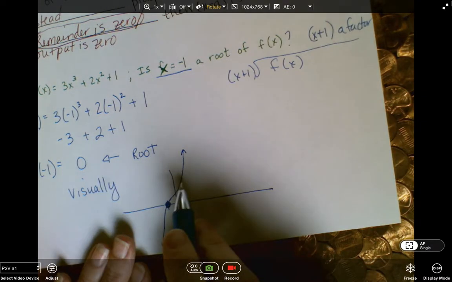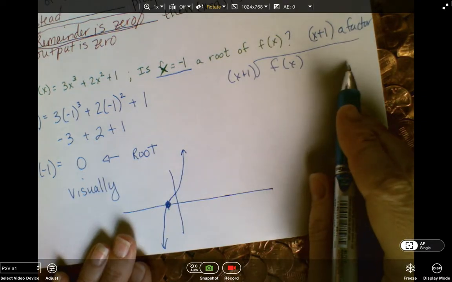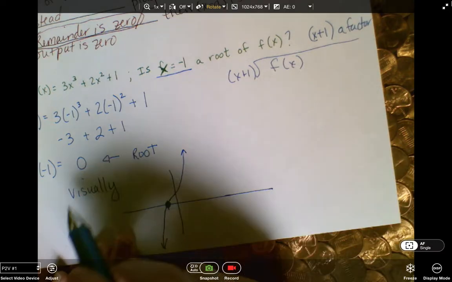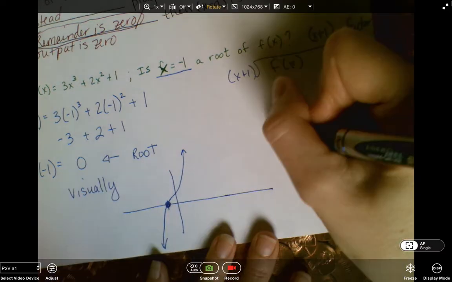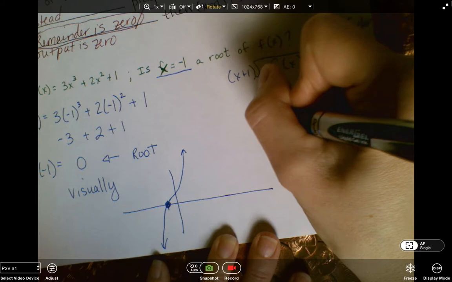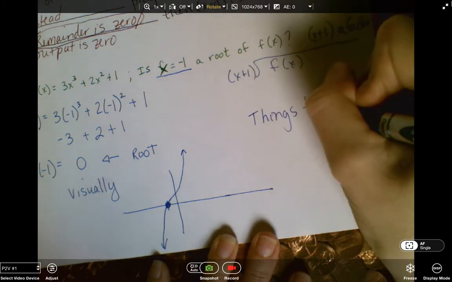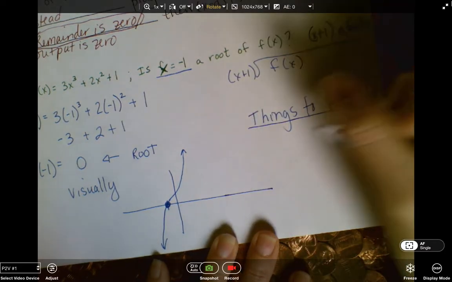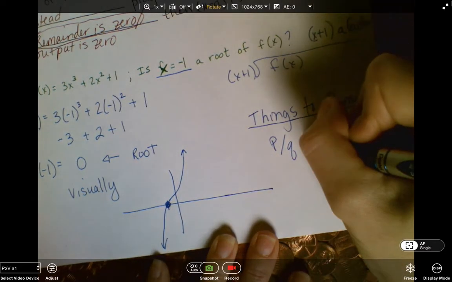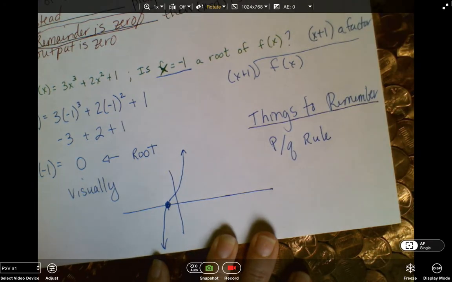Okay. If we wanted to, we could do long division to find the remaining 2 roots. Things to remember: we're going to do something next week called the P over Q rule, sometimes called the quotient rule.